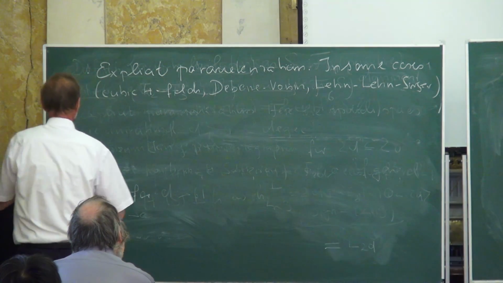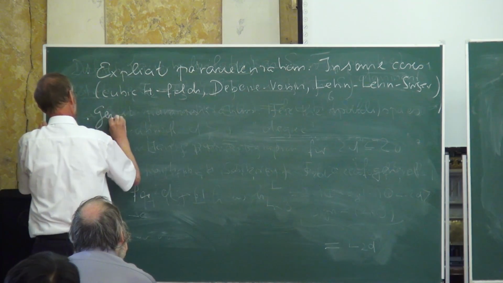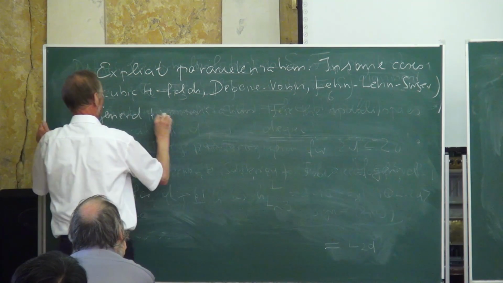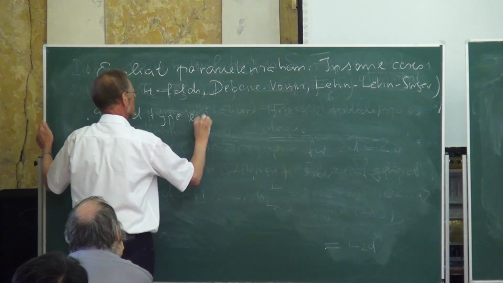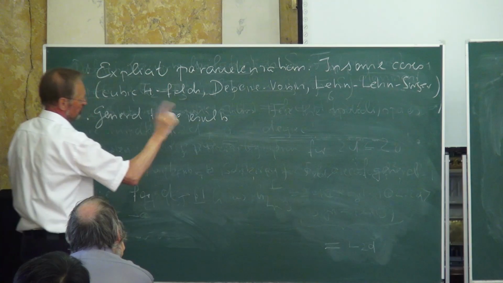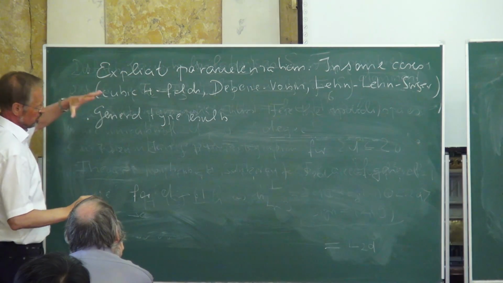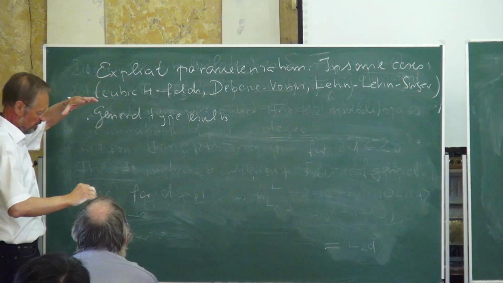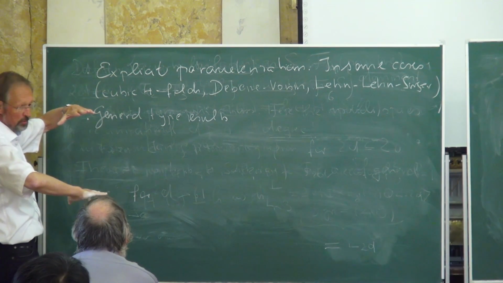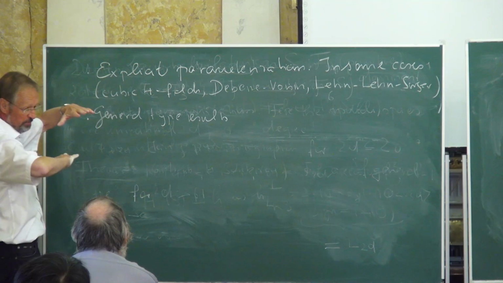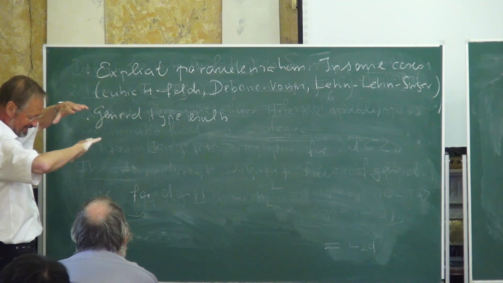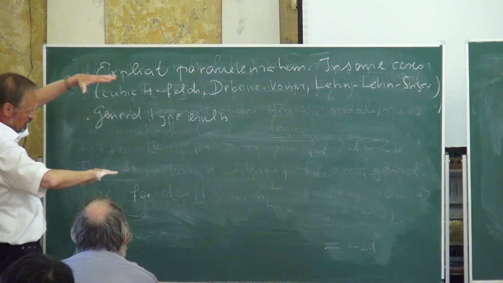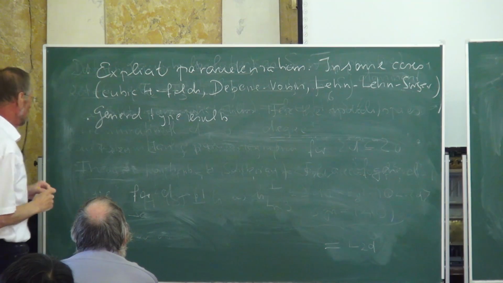There are also general type results. Actually, they can be proven without having the full strength of Torelli, because if you have something which lies underneath your moduli space, so if you can prove general type for the one that is underneath, then you also get general type for what lies above.